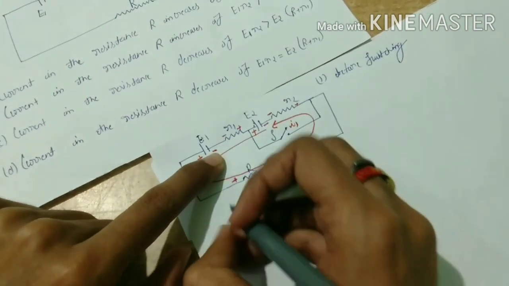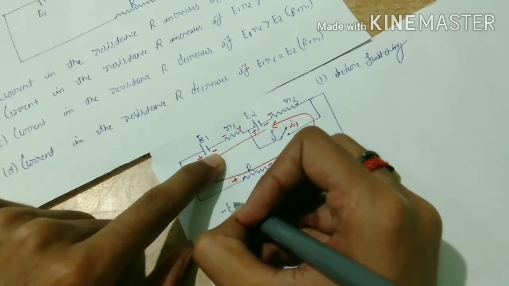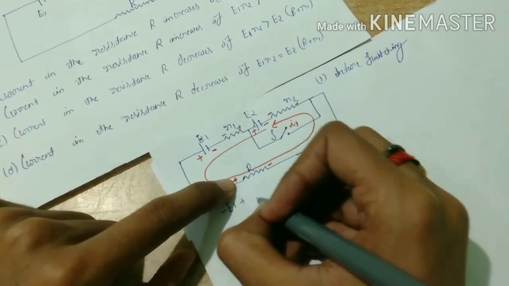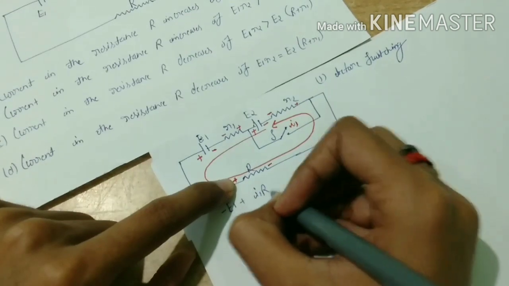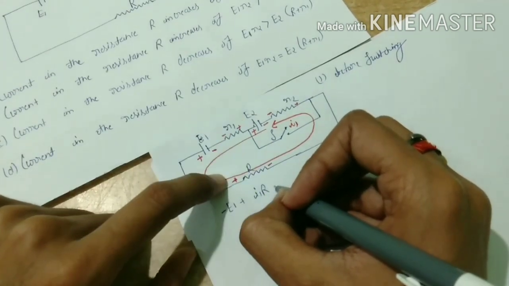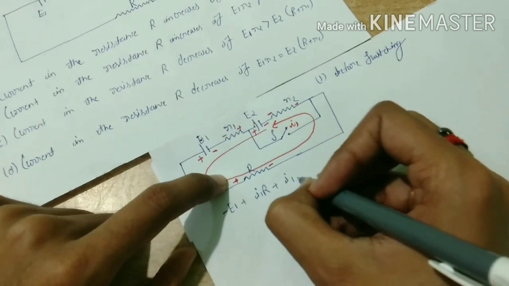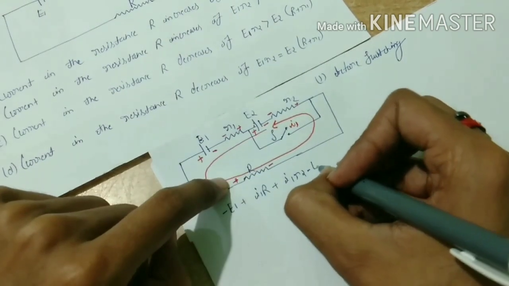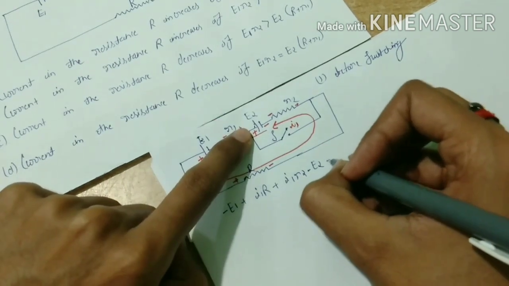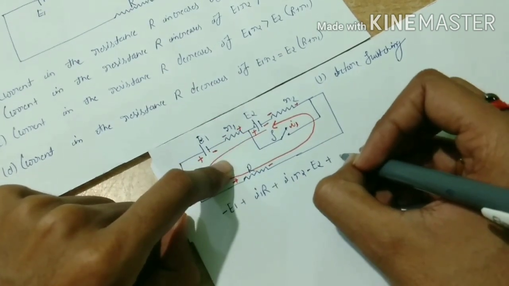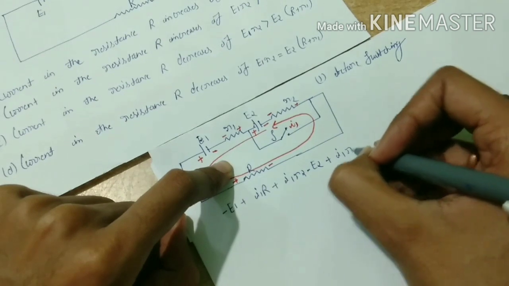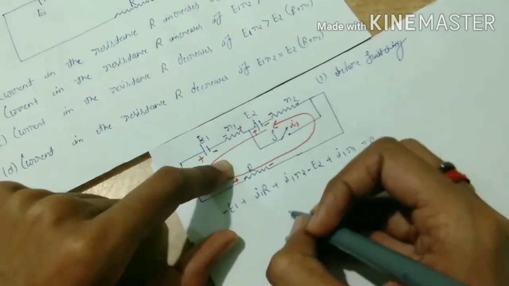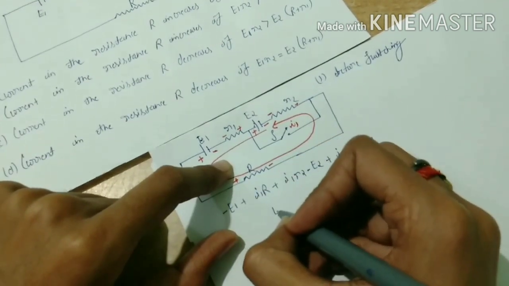We start from here: minus E1 plus I1R plus I1R2 minus E2 plus I1R equal to 0. So we can rearrange them.